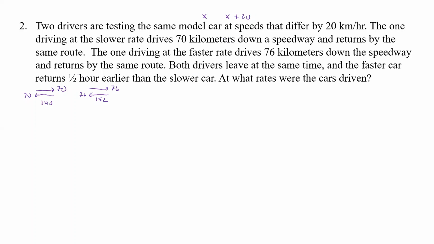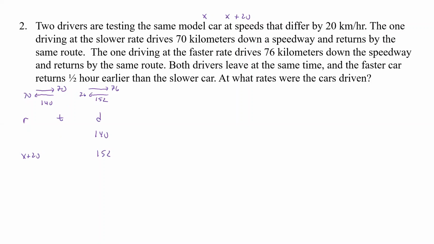And so that one's going to depend on how we set up our table. So let's start working on our table. We're going to have a rate, a time, and a distance. So we have our distances: 140 and 152. Now 152, that's the longer one, and it's the faster car. So let's put that one here. Our rate there is going to be X plus 20.